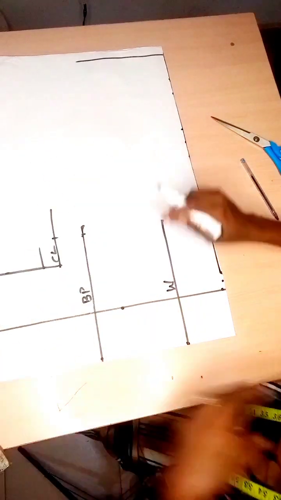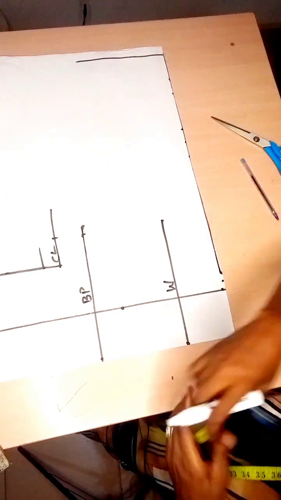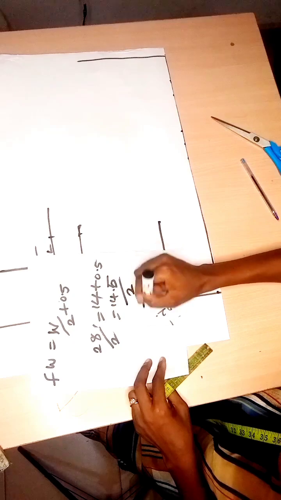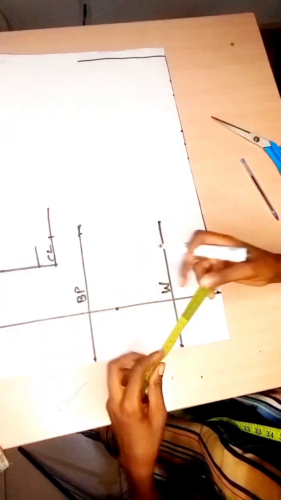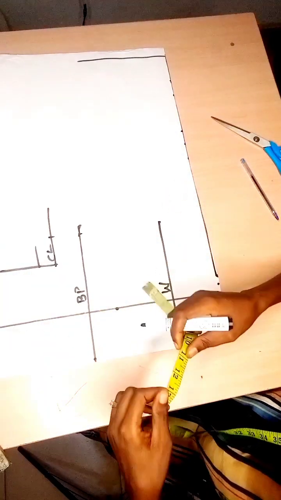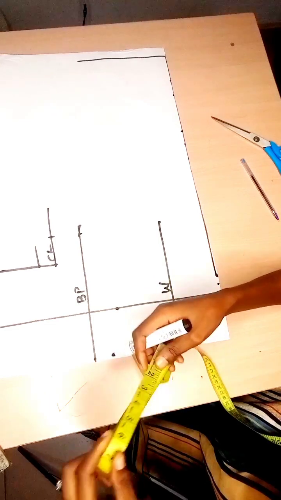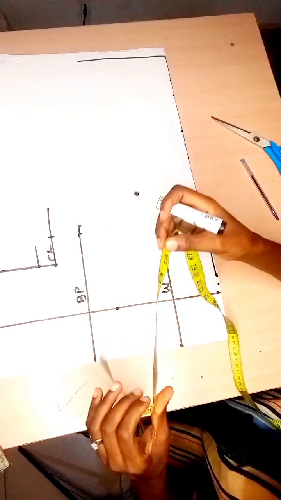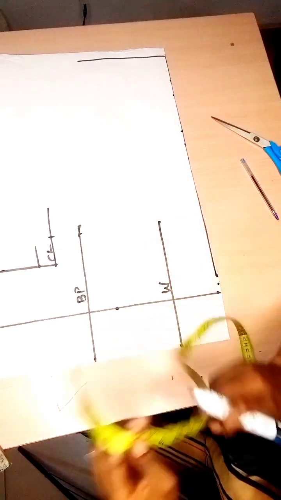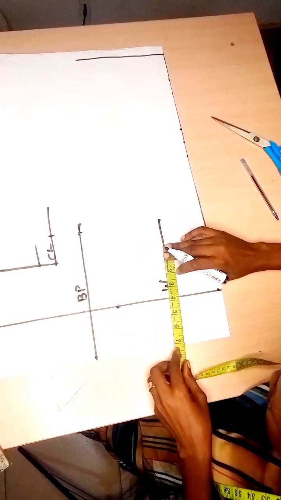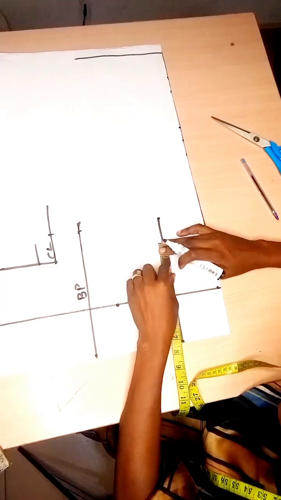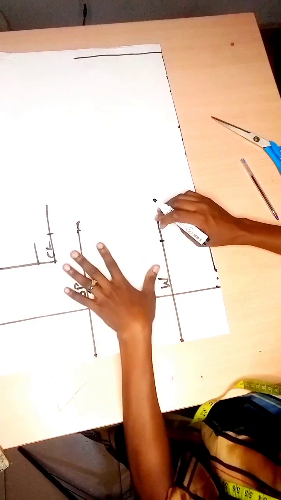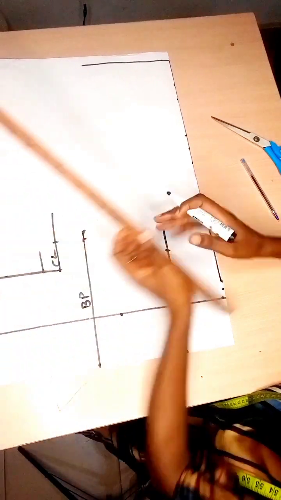Now 14.5 divided by 2, you can use your tape, we have 7.25. So on our waist measurements, we shall be having 7.25. So now we're going to connect this line together.